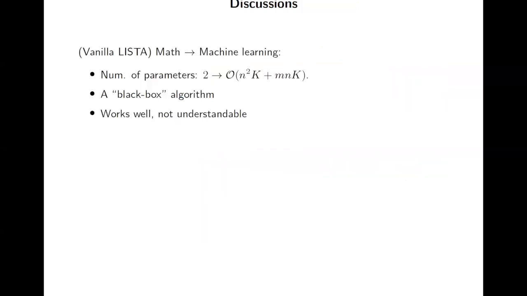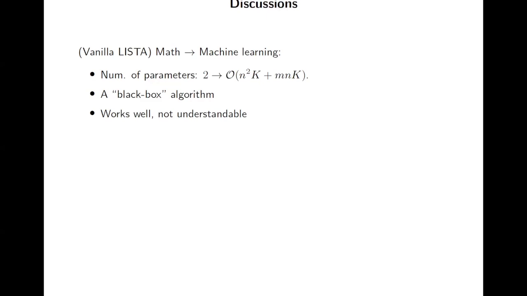Okay, so this finishes the first part of my presentation, and let's quickly review. For the regular work, the vanilla LISTA, it's a process from mathematics to machine learning. The number of parameters is enlarged, and they obtain a black box algorithm.